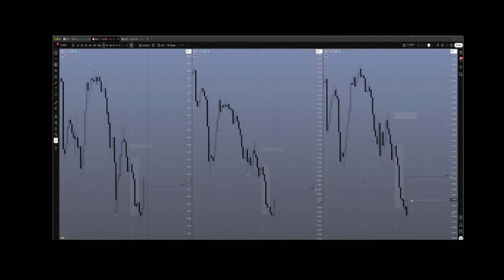We'll see what happens then. We'll start to mark the highs, our range high.